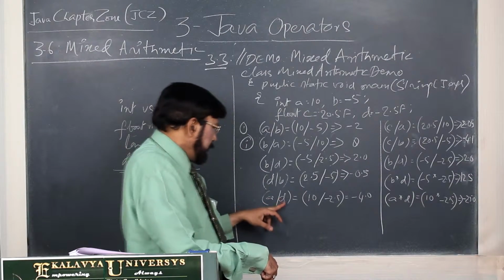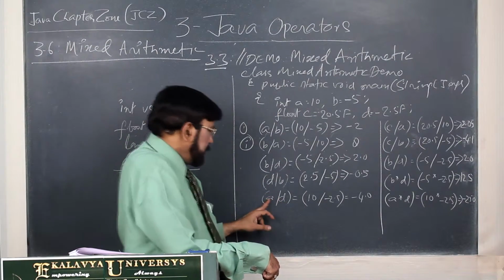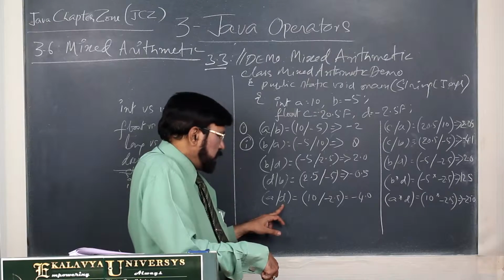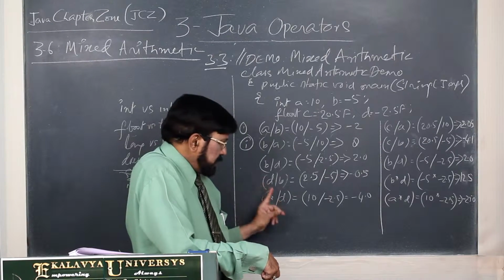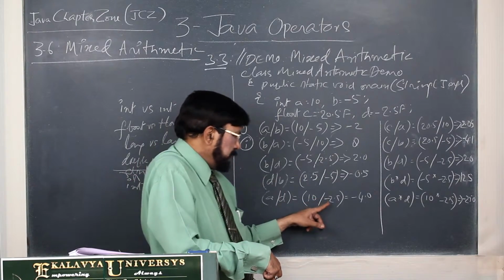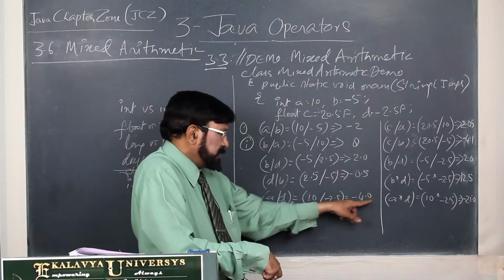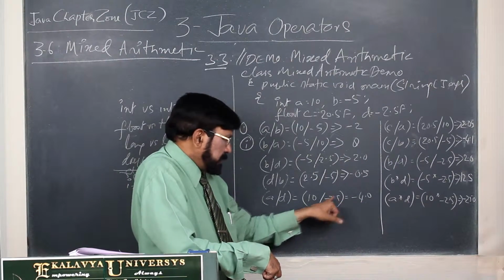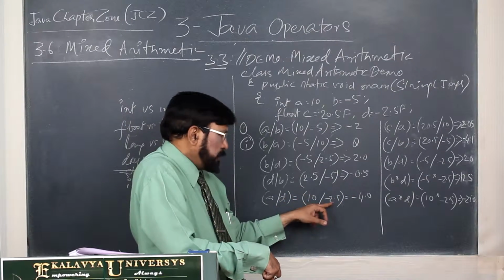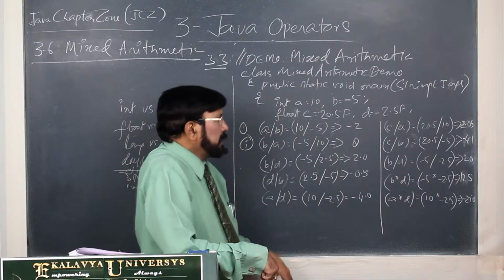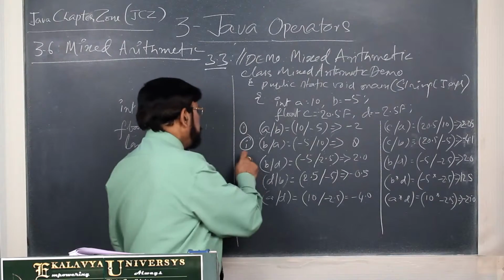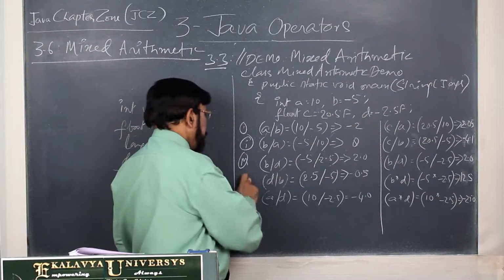Next, A by D. A is int, D is float, int versus float, then mixed arithmetic. 10 by minus 2.5, then the obvious result is 4.0. Cross checking, minus into minus plus, and 2.5 into 4, 10. Okay, so these are mixed.